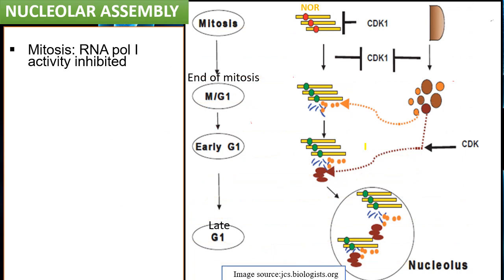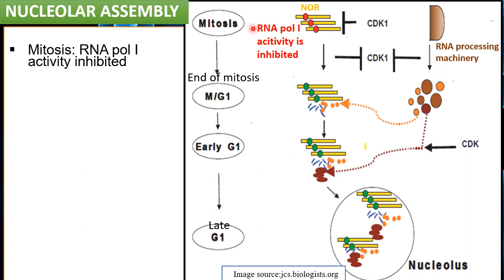During mitosis, RNA polymerase 1 is associated with the nucleolar organizer region. In this diagram, these yellow rods represent the nucleolar organizer region. The RNA processing machinery, which is represented in this brown gradient, is present in the cytoplasm around all the chromosomes.